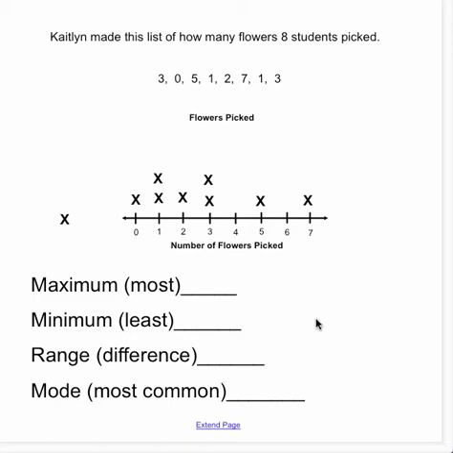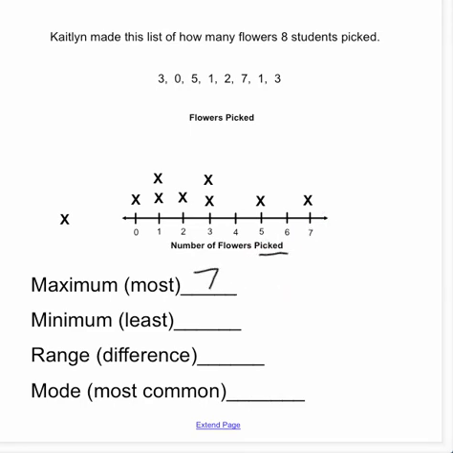Now we have some questions down below. What is the maximum or most number of flowers that were picked? Now I'm not looking for the most number of X's. Be careful. What I want to know is the most number of flowers that somebody picked. So since I have an X down here on 7, 7 is the most number of flowers that were actually picked.